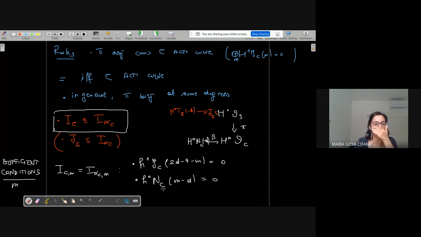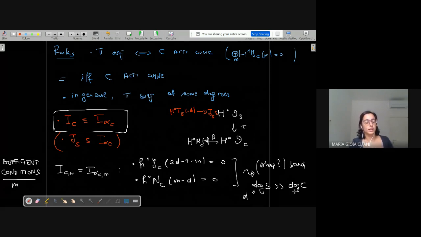So these two conditions give you a bound, not in general sharp, of the type that the degree of S, that is d, is sufficiently greater than the degree of C or other invariants related to C, not only the degree, as we will see, but invariants of C in general.